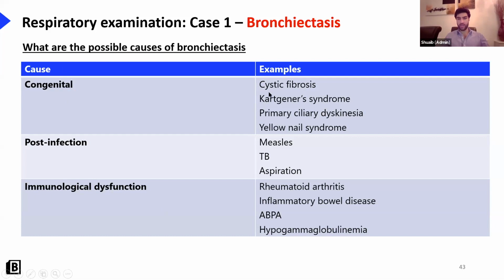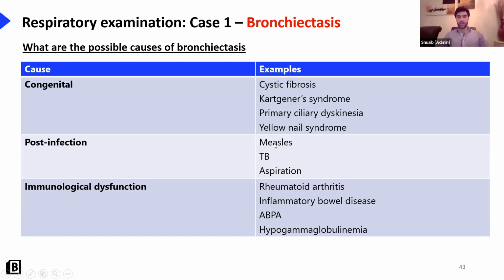So cystic fibrosis is a congenital cause, Cartagena syndrome, primary ciliary dyskinesia, and yellow nail syndrome is extremely rare, but I know in Cambridge finals, for those of you who go to Cambridge, this has appeared in the past. And basically it's just patients have yellow nails and they have bronchiectasis.